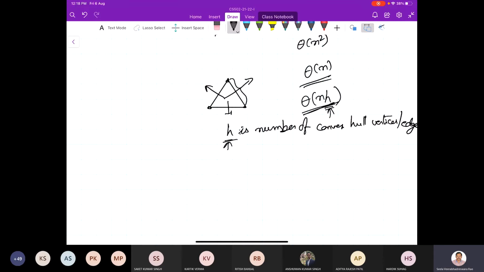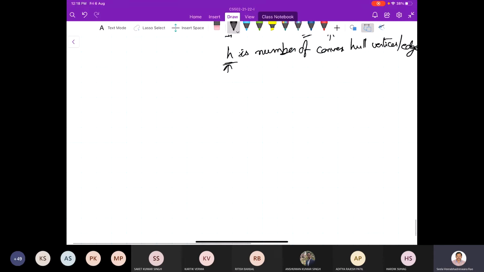Okay, so now we move on to the next one, what is called the quickhull algorithm. So the idea is for most of the points, we can eliminate a large number of points which are definitely inside the convex hull, interior to this convex hull of the given points.